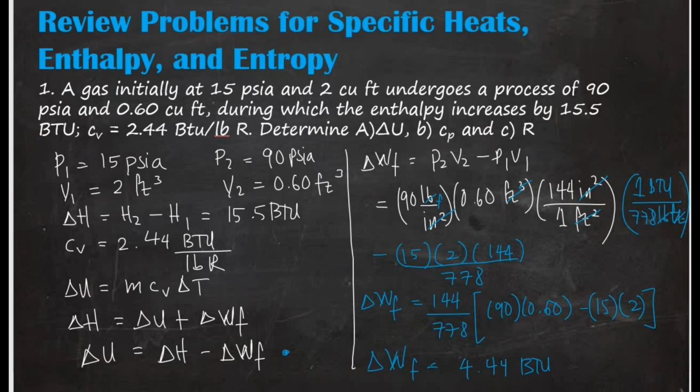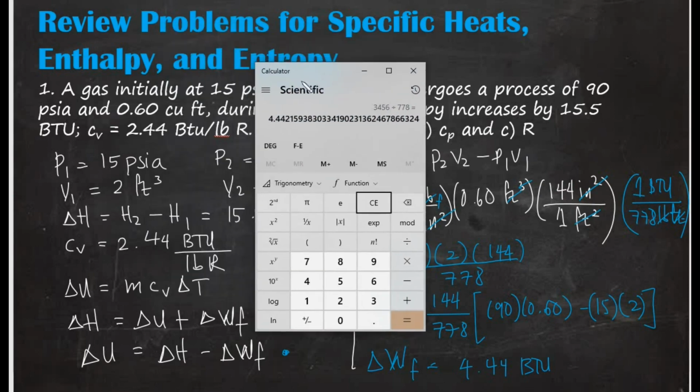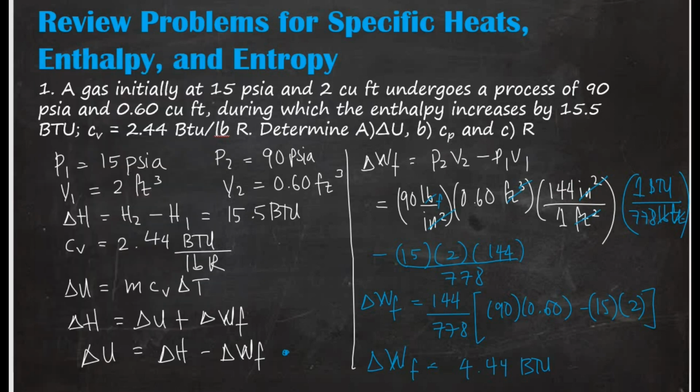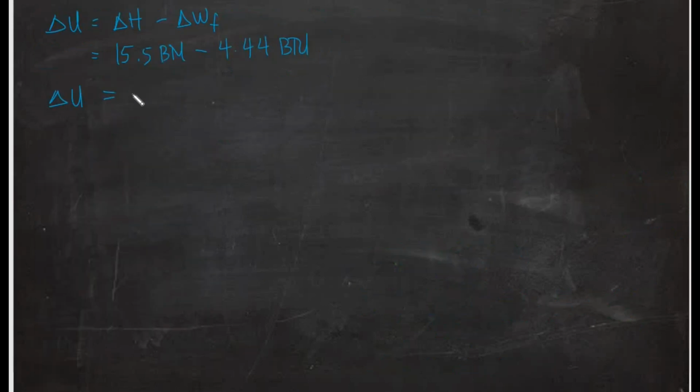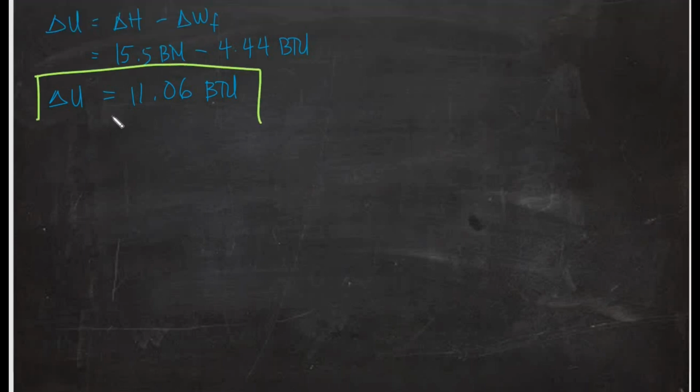Okay, 4.44. So we get our calculator and do 15.5 minus 4.44, and the answer is 11.06 BTU. Let's write that down: 11.06 BTU. So that is one of the answers we are looking for.